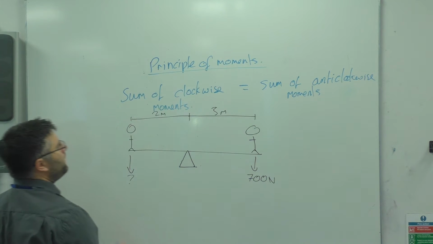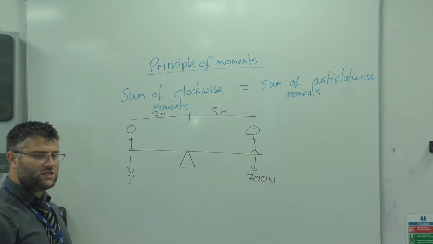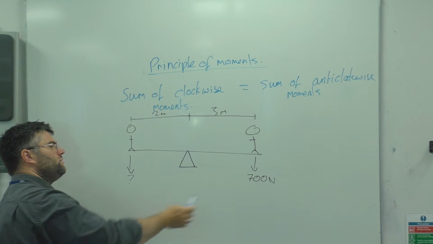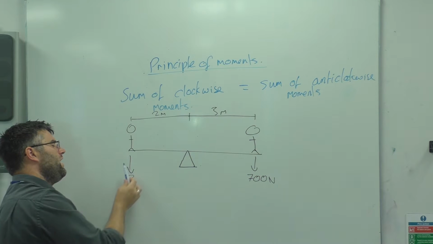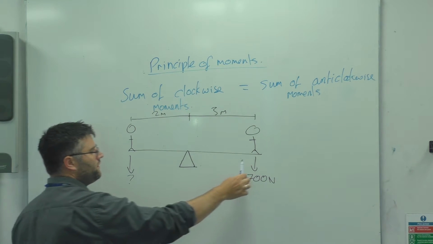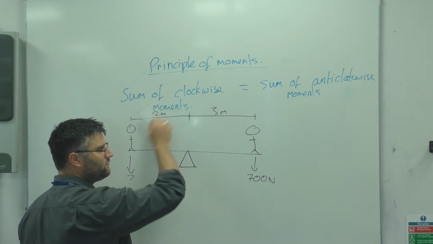The sum of the clockwise moments, well, let's look at these moments carefully. We've got a situation where we've got two directions. We've got this one here. That one is going anti-clockwise. This one, clockwise.